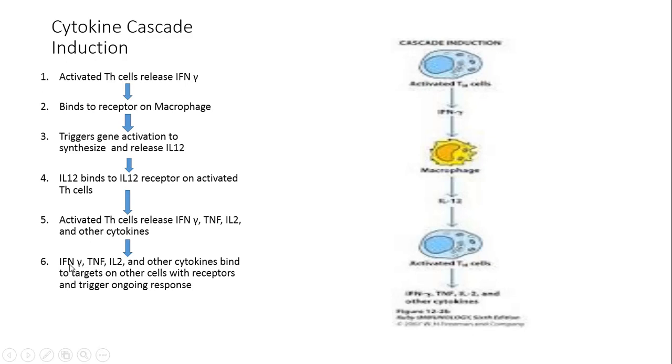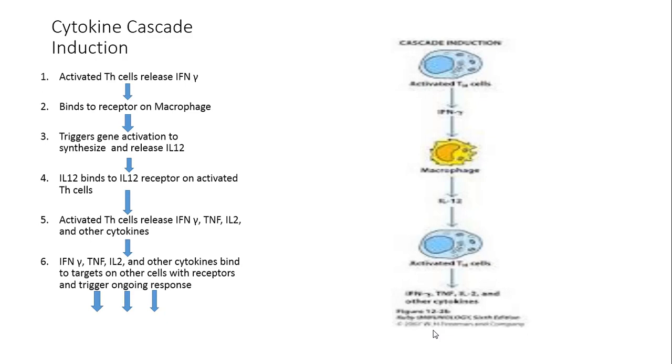The gamma interferon, the tumor necrosis factor, and the interleukin 2 and the other cytokines that get released then bind to targets on, if we had additional cells below this with receptors, and they trigger an ongoing response. So the actions of those just keep going.